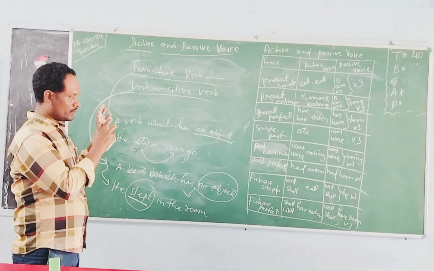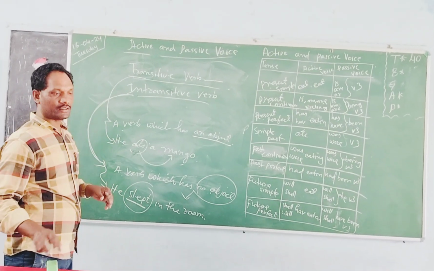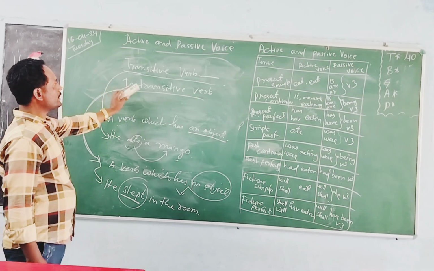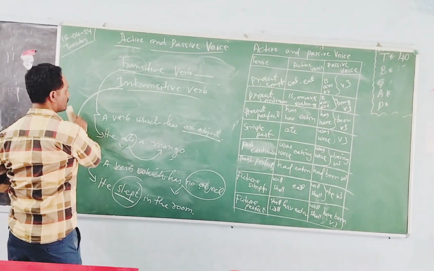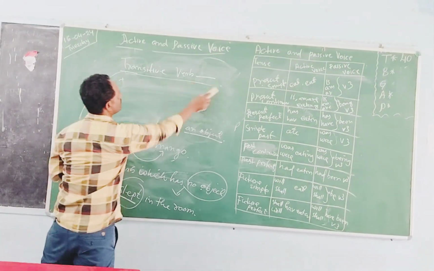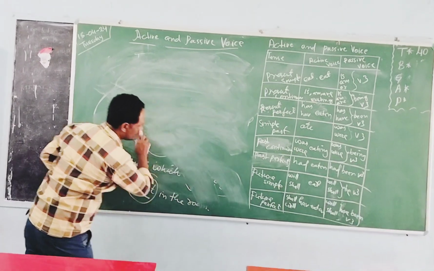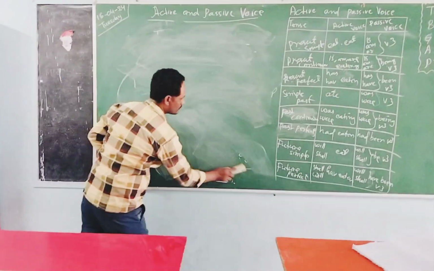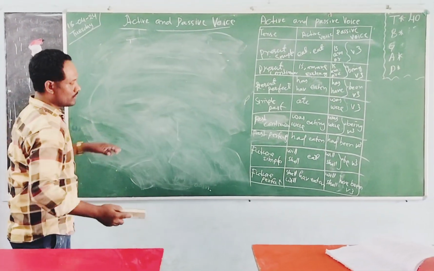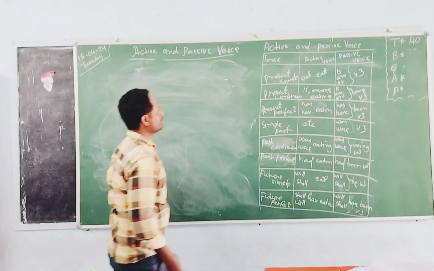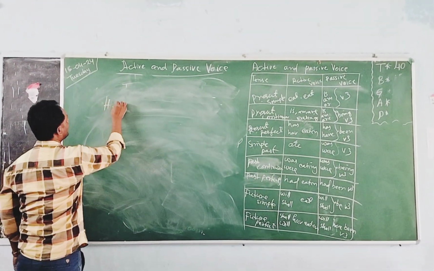First of all, let me make you understand, this is very important. That's why only transitive will change into passive voice. Okay? Let me start one by one. Present simple. He eats.